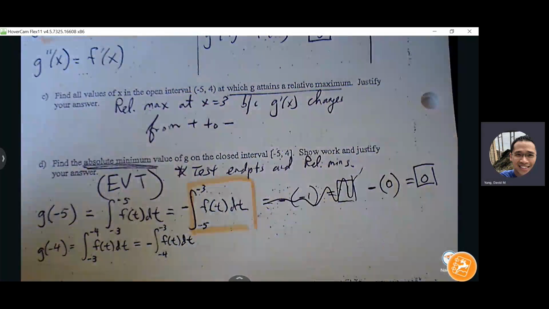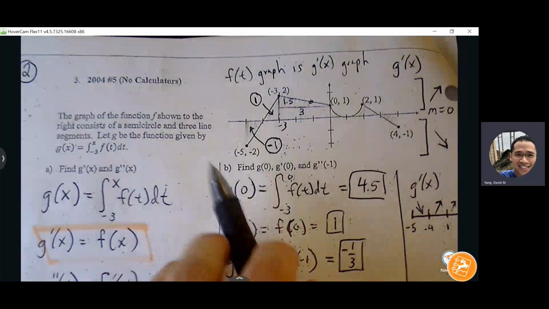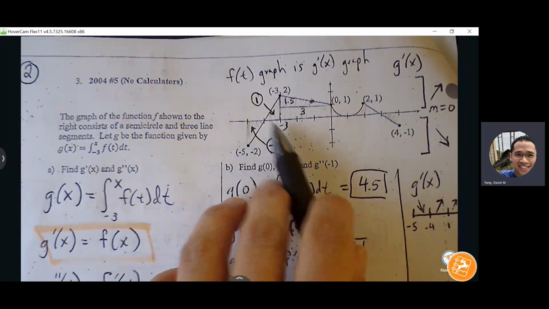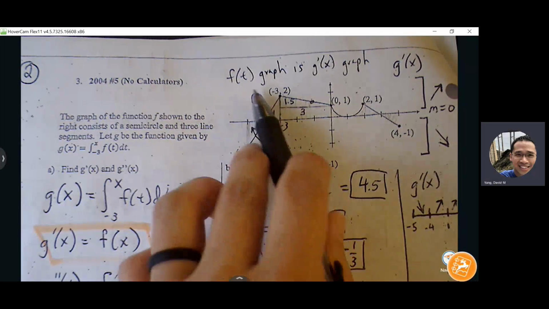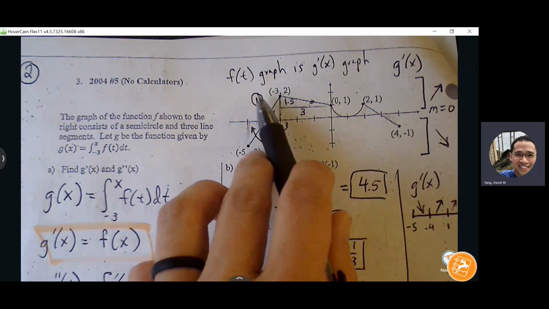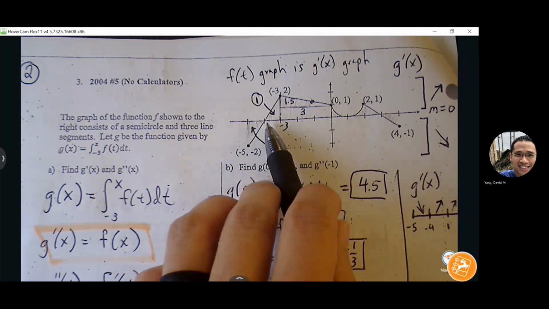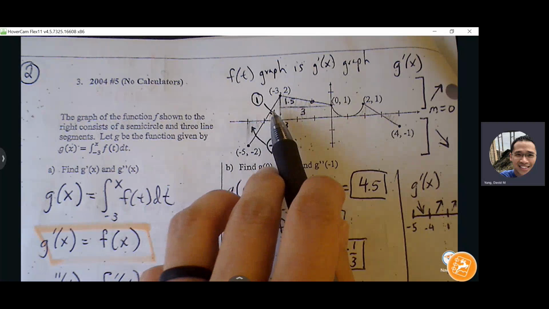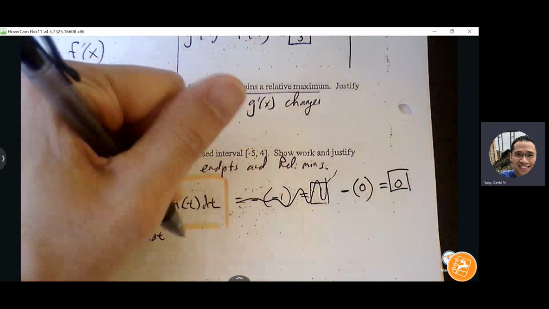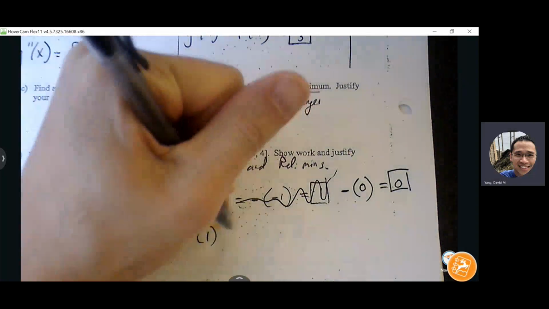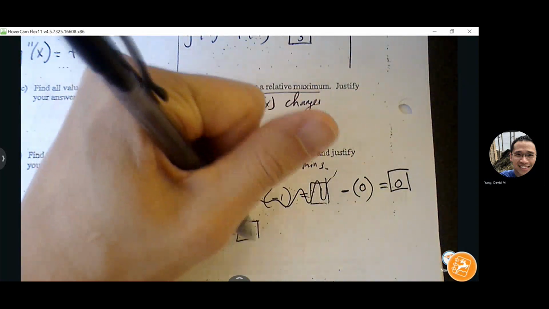And I have to worry about the area between -4 and -3. Between -4 and -3, it's above the x-axis. We already found that region. So +1. But there's a negative that I pulled out in front, so -1.